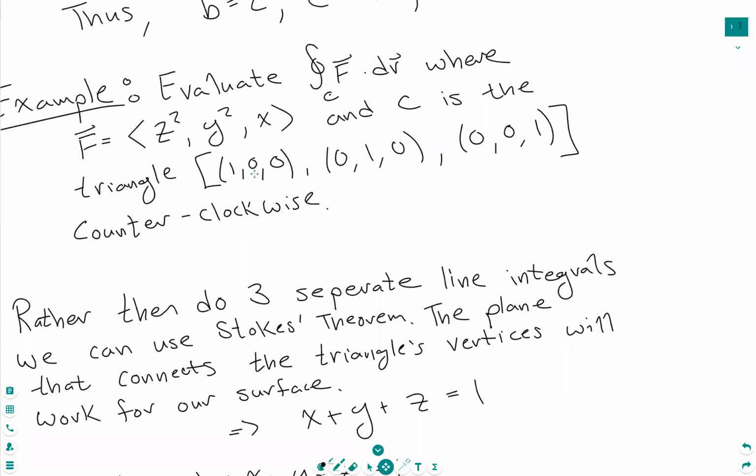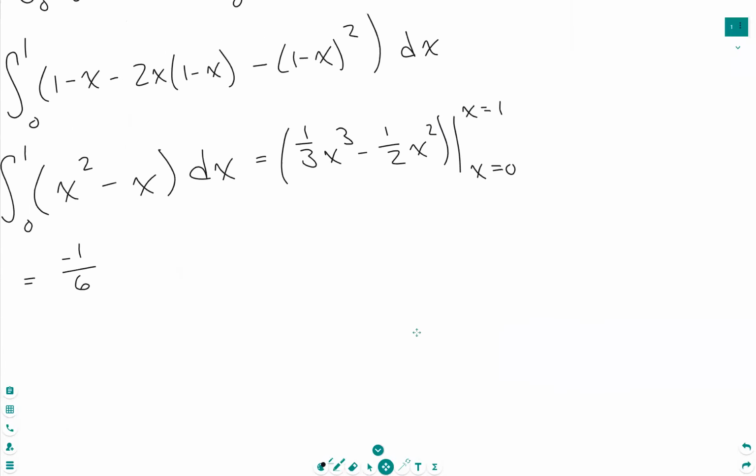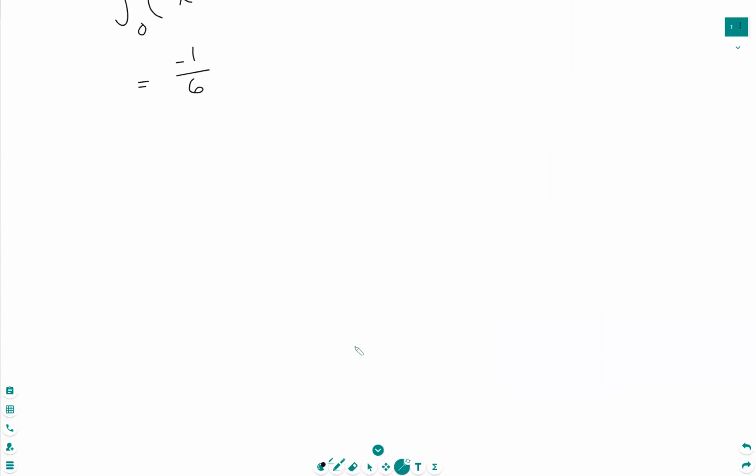Let's see if we can draw a picture of this in R3. So we had all three points, each one up on a coordinate axis, and we're going counterclockwise.